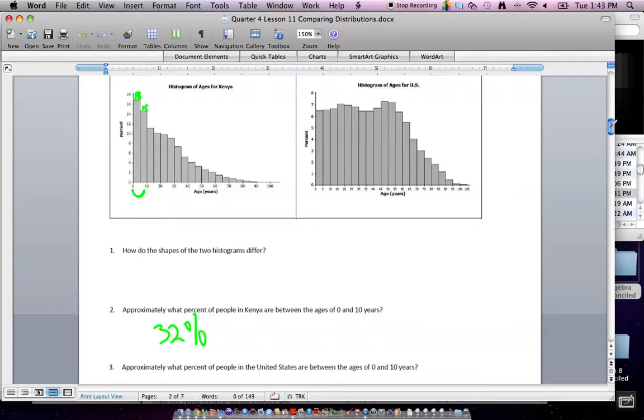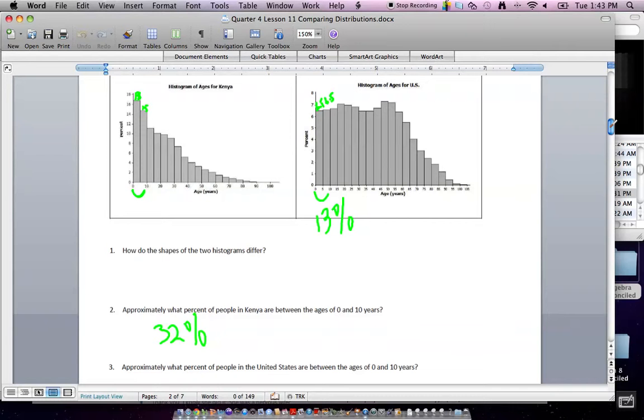Now, the next one is United States between 0 and 10. This looks like 6.5, and the next one looks like about 6.5. So altogether, that would be about 13%. Clearly, that's a significant amount. 32% of the Kenyan population is 10 or under, and in the United States it's 13%. Very significant difference between the two.